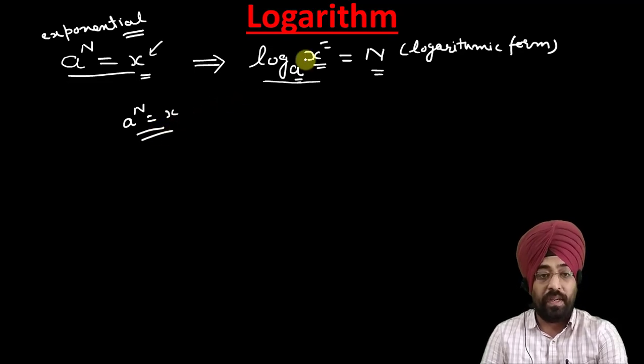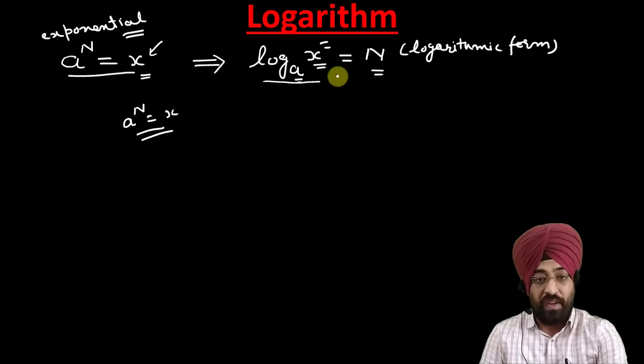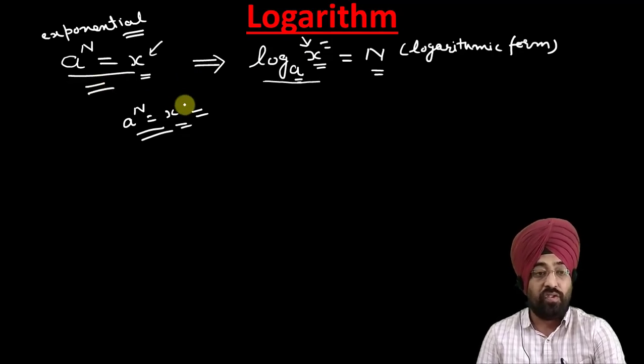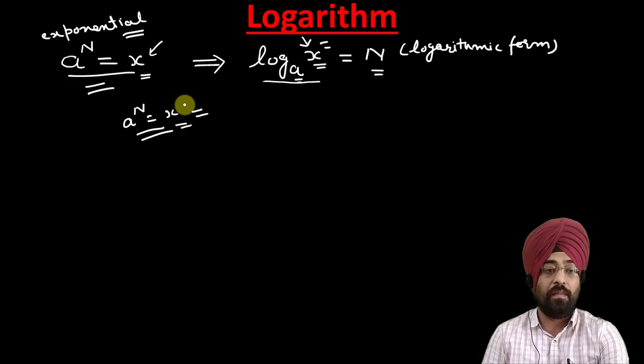Log of any number x with base a is the power to which this base has to be raised so as to get this number x. So that's what I have written here: a raised to the power n is equal to x. If log of x with base a is equal to n, then it must satisfy this exponential relation. So that is the basic fundamental of log.